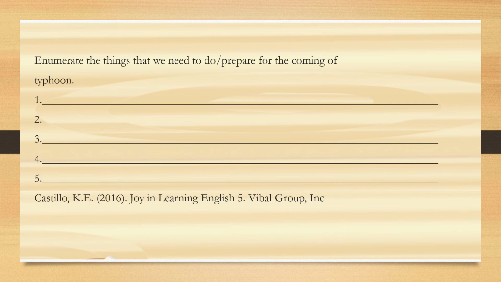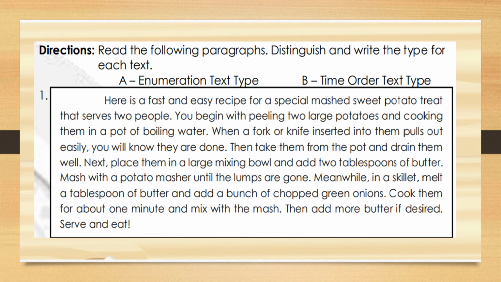Now, enumerate the things that we need to do or prepare for the coming of the typhoon. And we have here two choices, enumeration text type or time order text type. Directions: read the following paragraph, distinguish and write the type of each text.